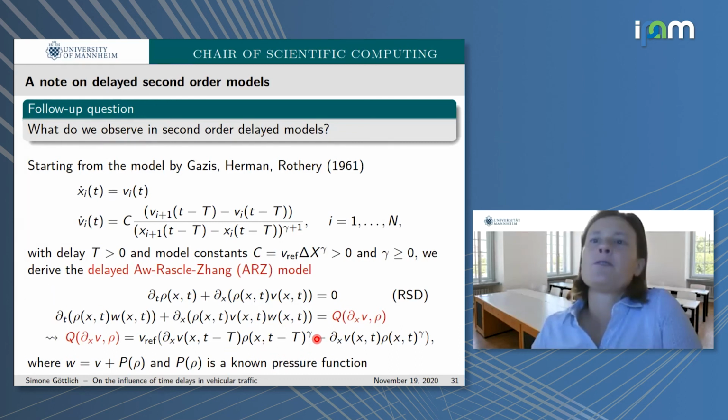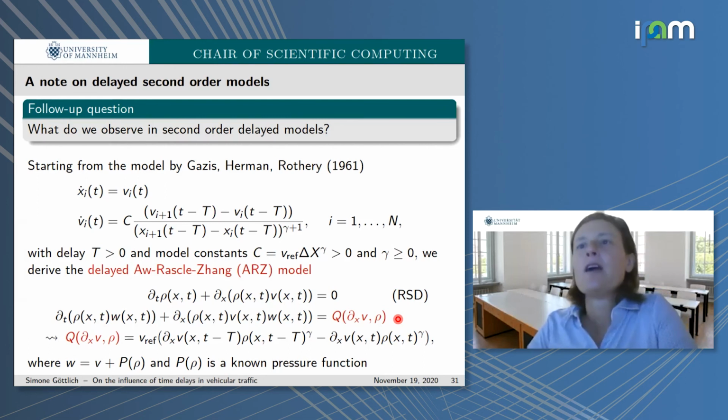So what do we see, or what's our final result? If we neglect the right-hand side here, this Q, we really would be in the setting of Aw-Rascle-Zhang, okay? But now you see that we have some source term entering the second equation for the velocity, and the source term is given by this description here, where also the delay enters into the problem.